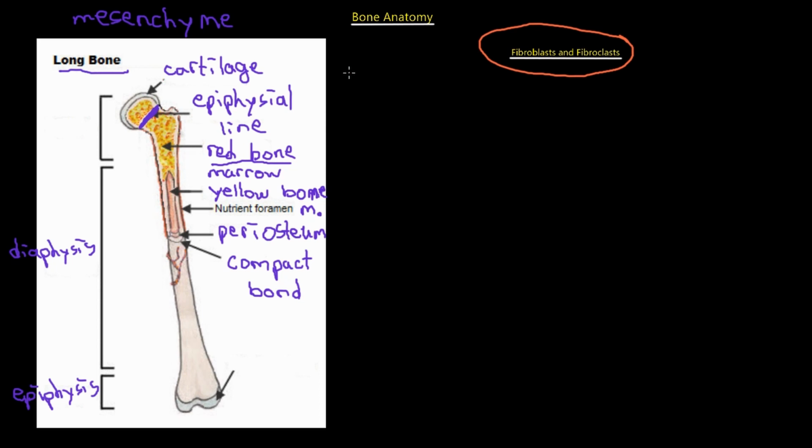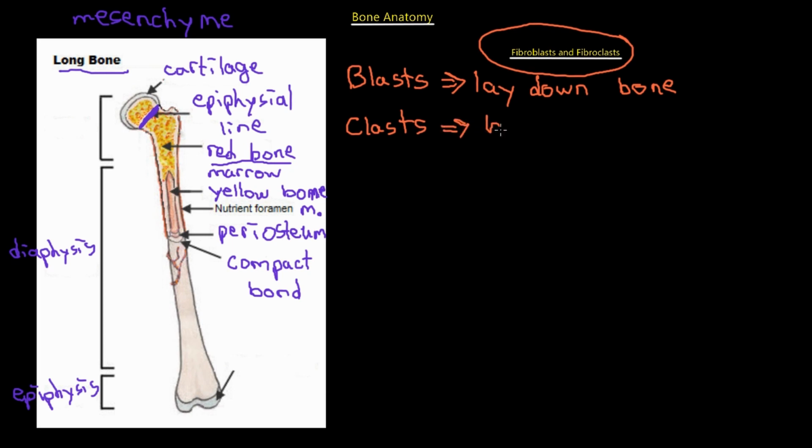So the blasts lay down bone. They make bone. And the clasts break down bone tissue. And it's important to note that we need both. We need fibroclasts and we need fibroblasts.